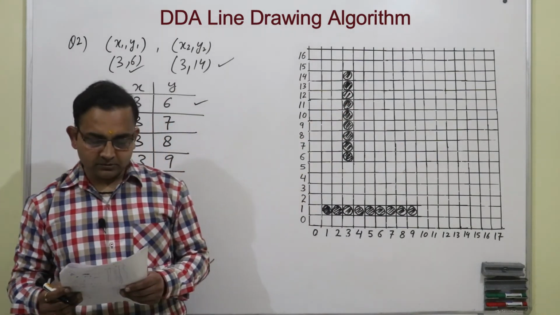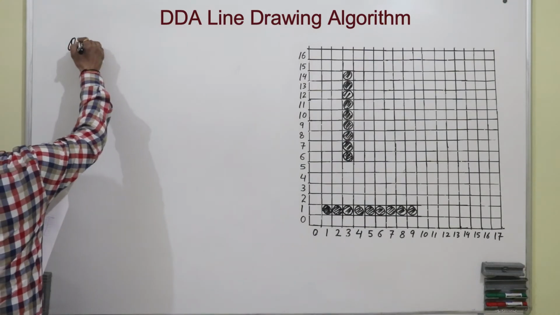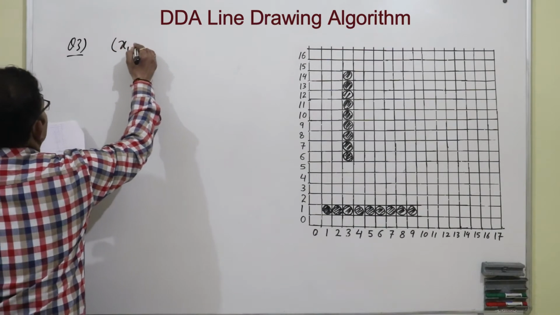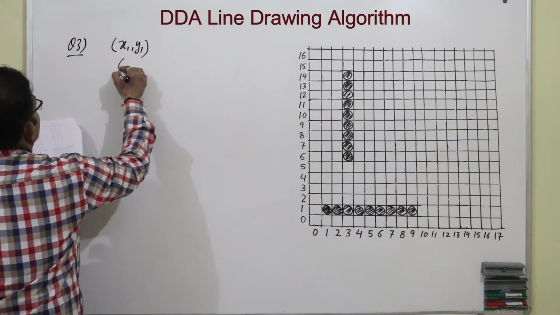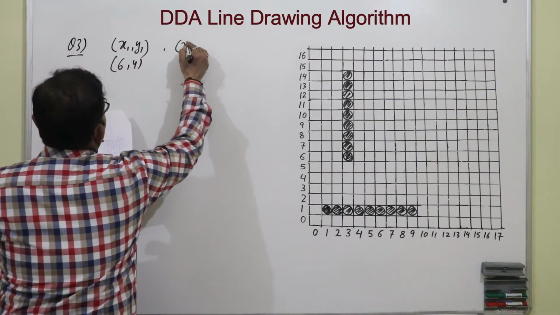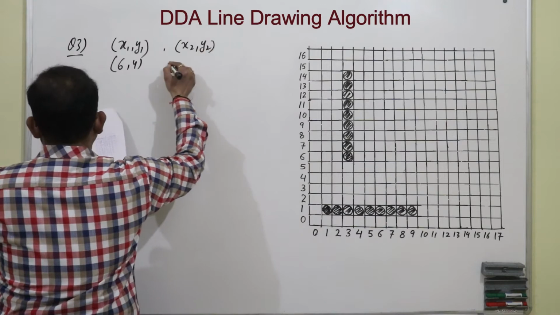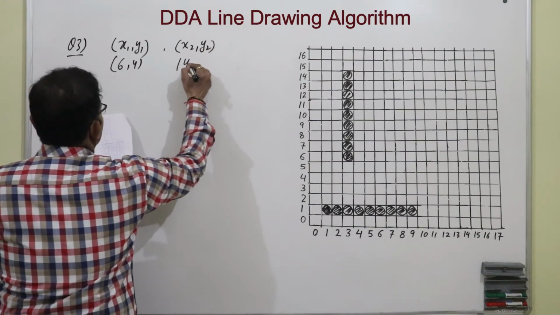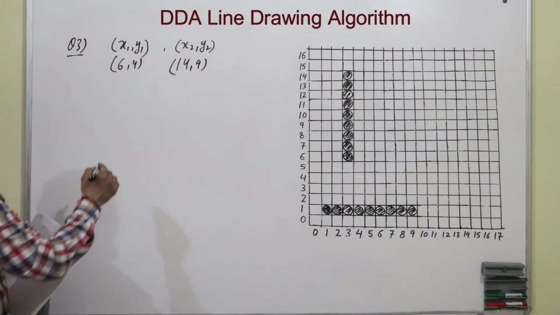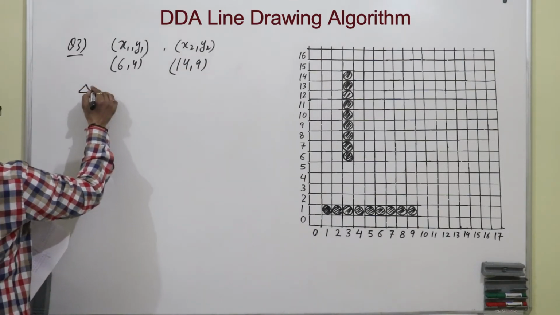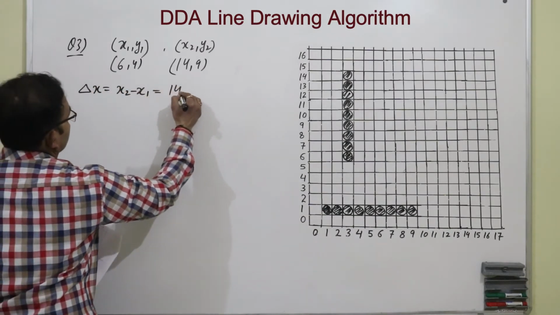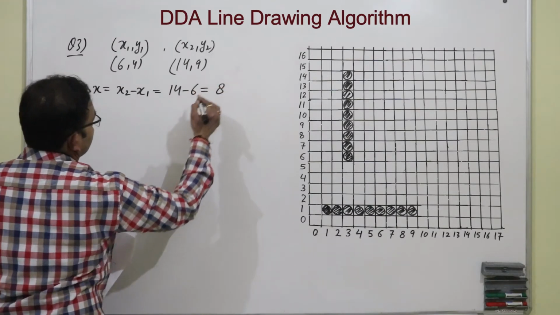Now, we will solve question number 3. Question 3, initial coordinates of a line segment x1, y1, 6, 4, last coordinates x2, y2, 14, 9. Delta x, x2 minus x1, 14 minus 6 equal to 8.